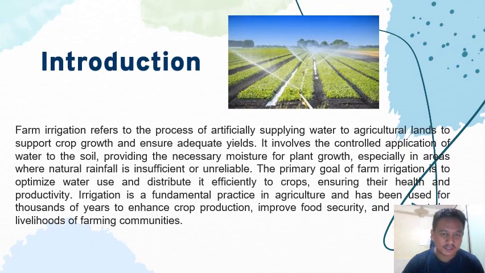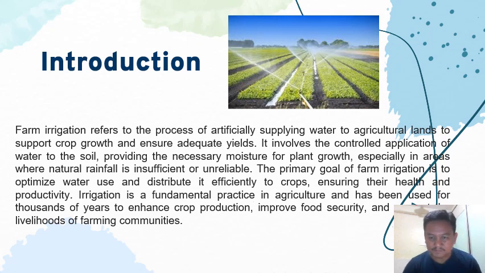Introduction. Farm irrigation refers to the process of artificially supplying water to agricultural lands to support crop growth and ensure adequate yield. It involves the controlled application of water to the soil, providing the necessary moisture for plant growth, especially in areas where natural rainfall is insufficient or unreliable.